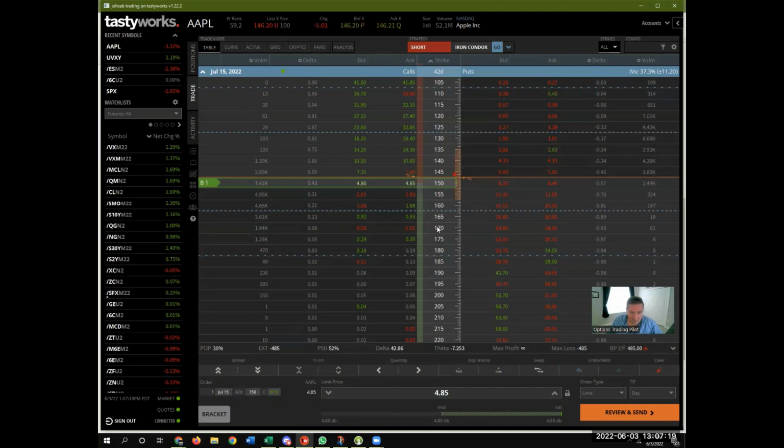So 150 to 170, maybe 150 to 165, even that has a 13% chance. Right now, the probability of profit on this trade is only 30%, because you're having to go 155 plus the 5, 155 is your break even. And look at that, your delta is 31, your probability of profit is 30. So you're right in that ballpark of that type of trade.